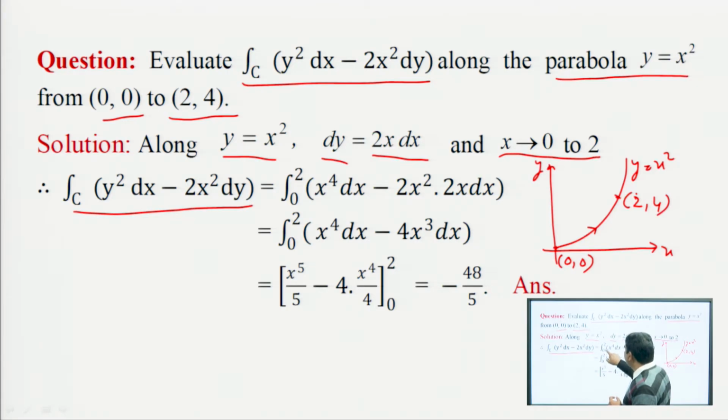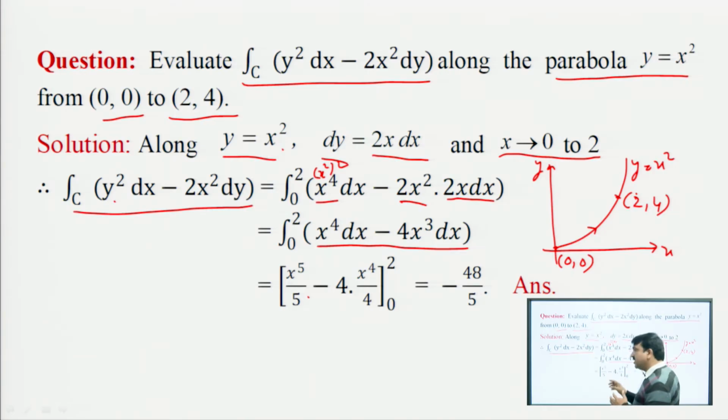So the line integral along C equals the integral from 0 to 2 of y squared, which means x squared to the square, that is x to the power 4 dx, minus 2x squared times dy, which is 2x dx. So its value becomes x to the power 4 dx minus 4x cubed dx. When we integrate this, we get x to the power 5 by 5 minus 4 times x to the power 4 by 4.